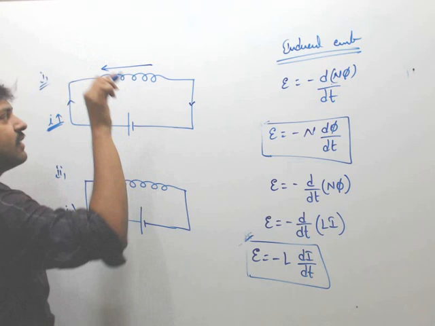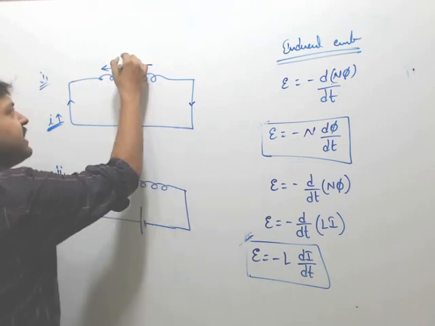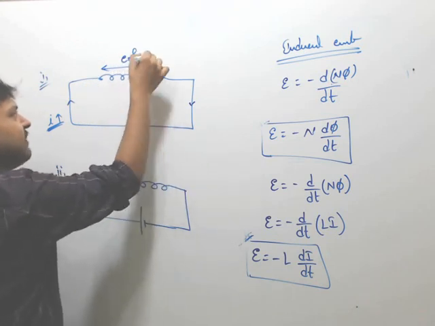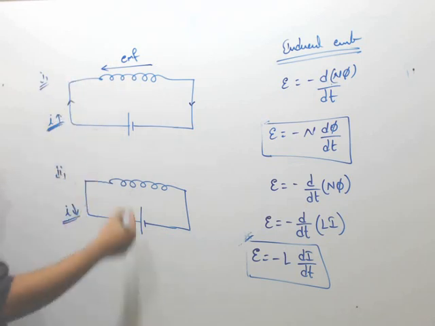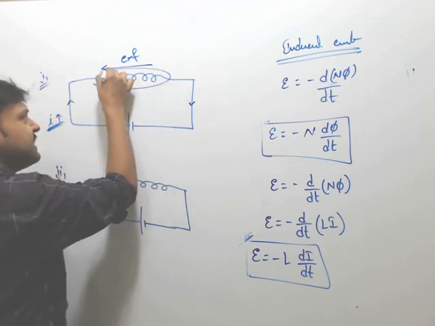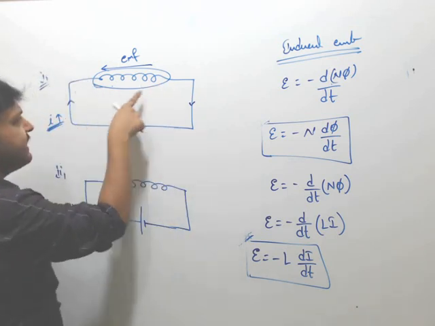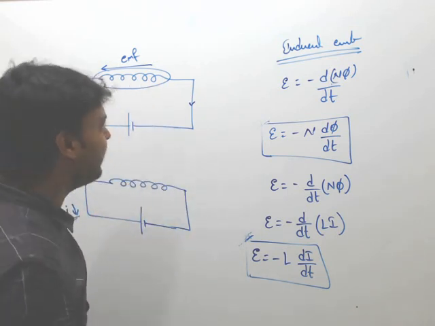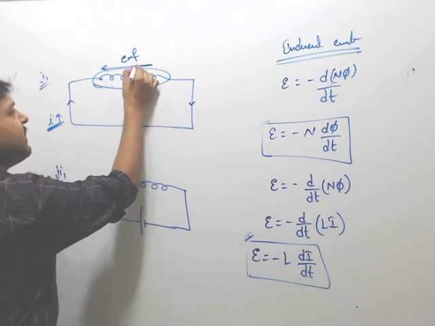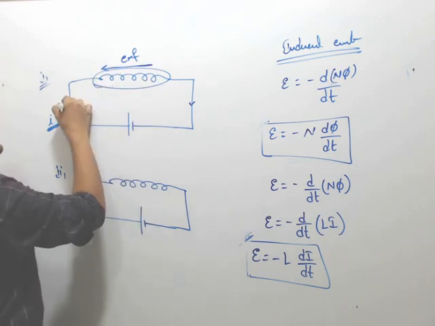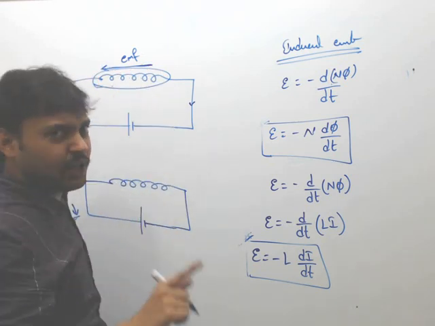Opposing, right? So now the induced EMF direction will be in this direction. We call this an inductor, okay? So the induced EMF direction opposes the change in the current in the circuit.